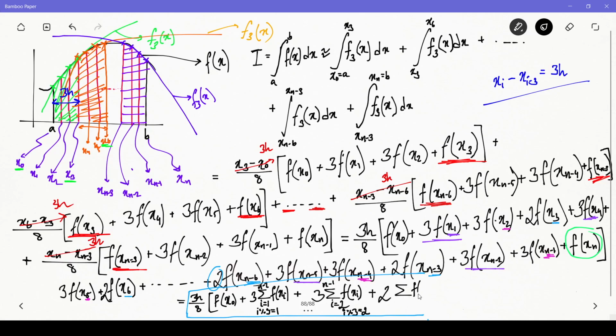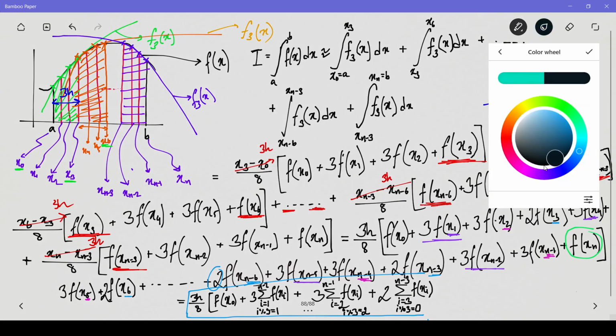The functional values of f of x sub i, starting from i equals 3 up to n minus 3, and the condition is that when the index value i is taken modulo 3, we should expect a value of 0, which means the index values are multiples of 3, or divisible by 3.